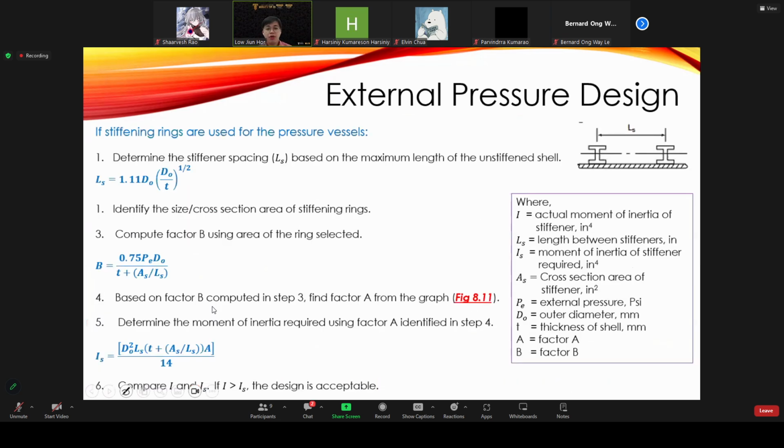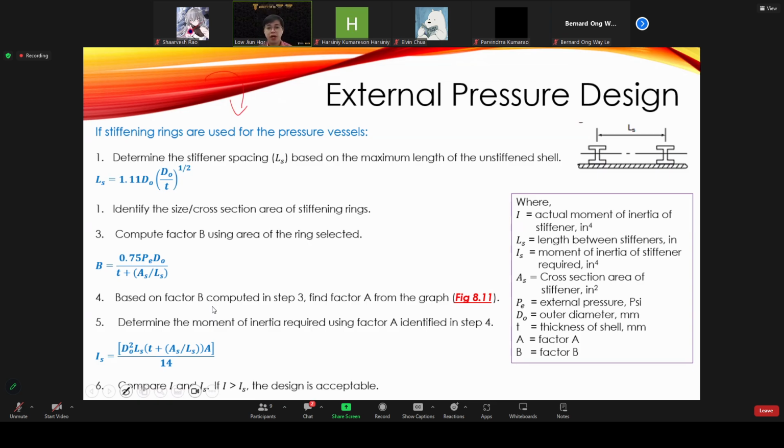But if you now want to install the stiffener or stiffening ring, then after I install the stiffener, what is the thickness of the pressure vessel that I need to fabricate? Then you need to follow the steps that I'm going to explain.